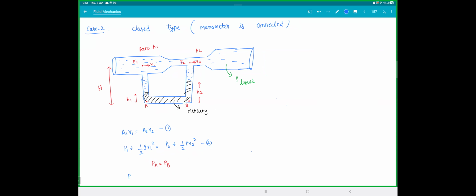PA will be P1 plus rho liquid G times the difference in height, H minus H1, plus rho mercury G H1. That must be equal to P2 on the right hand side. Rho liquid G, the difference in height is H minus H2, plus rho mercury G H2. Here, this is the liquid and this is the mercury. So there are two different liquids. Check out that equation. That's your pressure at A and B.